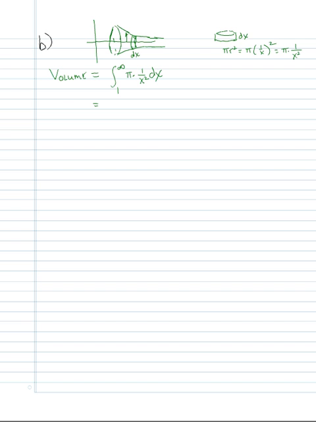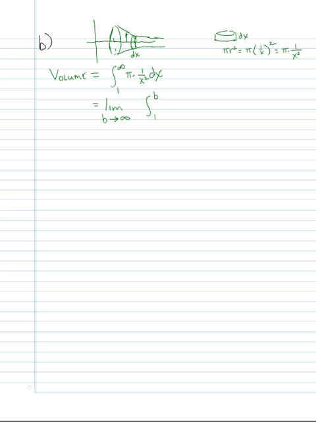Well, here we are again. We need to set up the limit because we have an improper integral here. So we're going to replace our infinity with some value b, and we're going to find the limit as b goes to infinity. Now, what are we calculating?